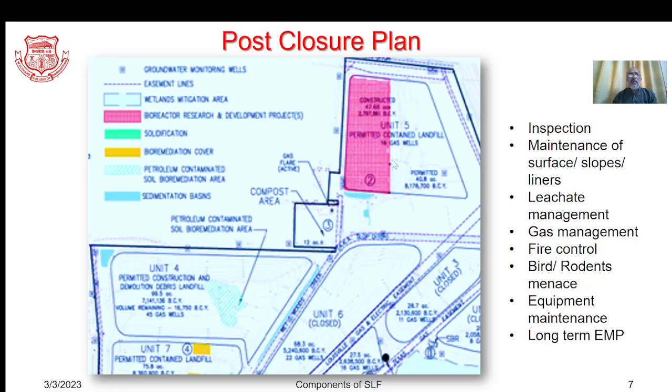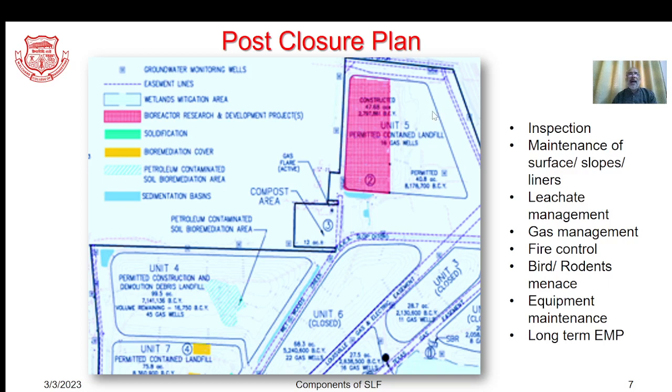Some more features about the post-closure plan. So here again, the entire plan is developed and placed for all future references. It would give a legend regarding the various areas that are occupied by the number of cells and units, and it will be properly indicated what is laid at what place.